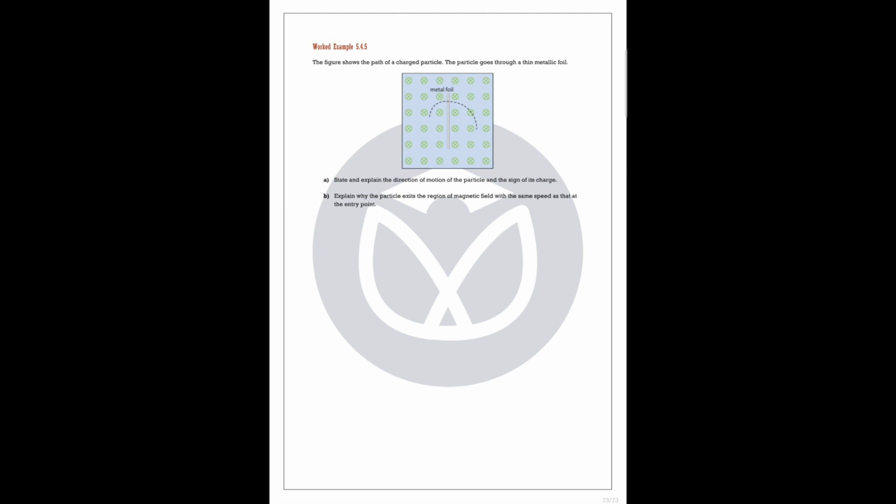passes through the foil. So first, knowing that the foil is rolling towards the left side, we know that force is directed towards the center of the arcs. So force to center of arcs.